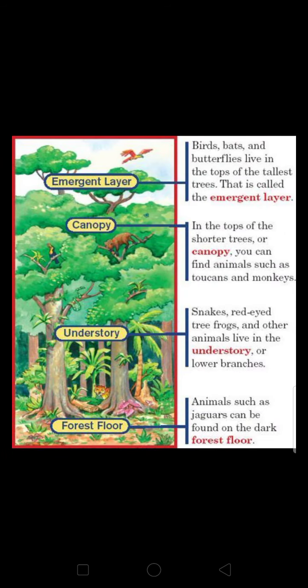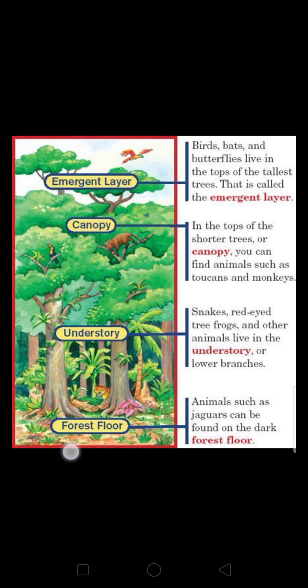So these trees have formed the 4 different layers. And here different types of animals have their habitat. For example, in the emergent layer, birds, bats and butterflies live in the tallest trees.